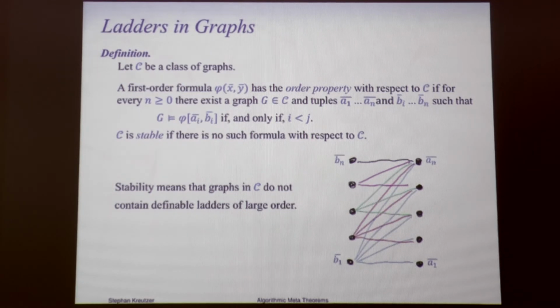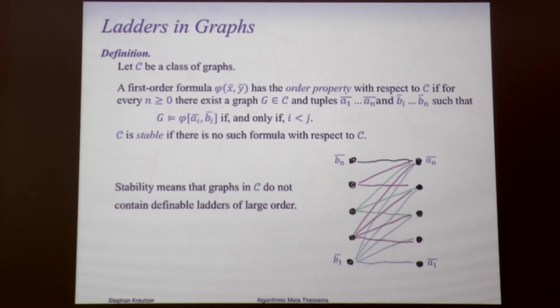Which means B1 and Ai will always satisfy the formula. And B2 and Ai will always satisfy the formula unless it's A1. And B3 will satisfy the formula with every A except for A1 and A2. And so on and so forth. And the last one only defines this.